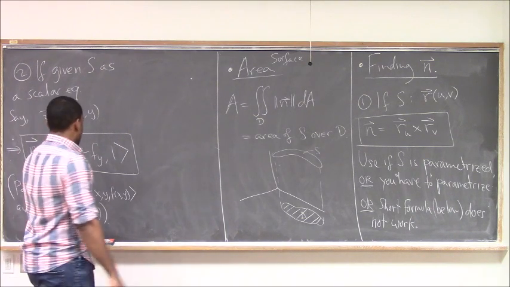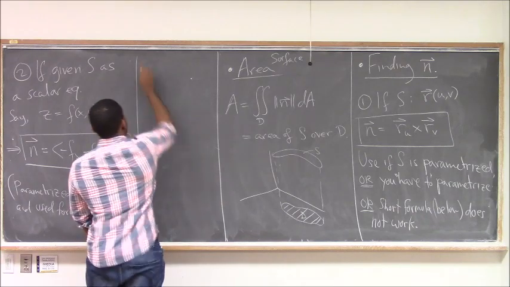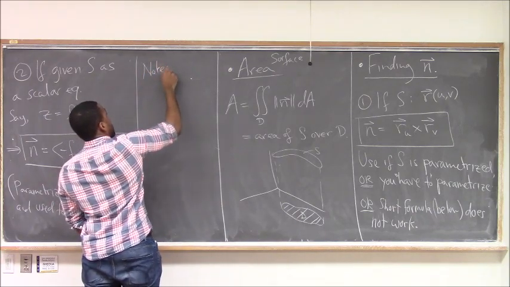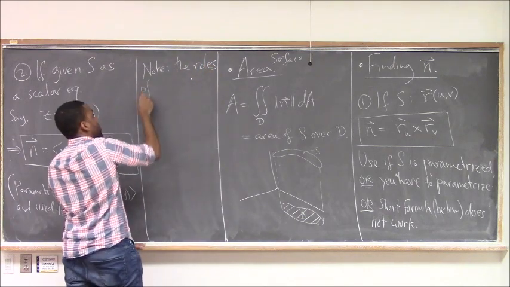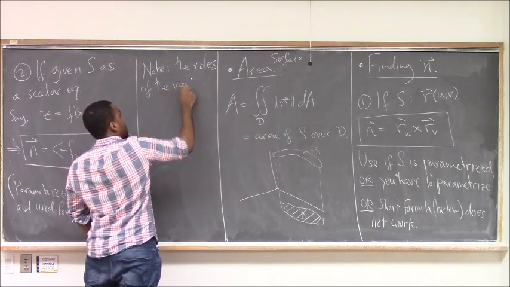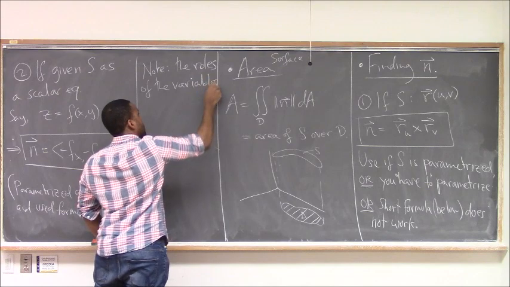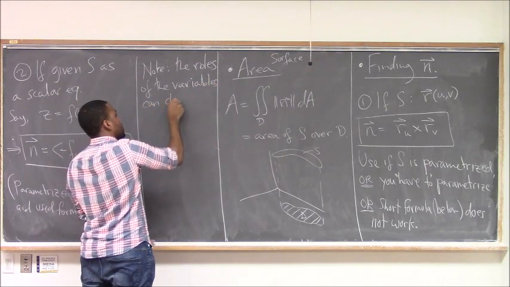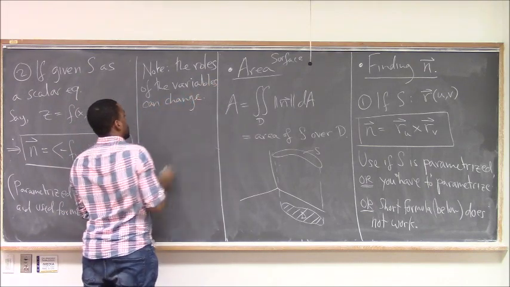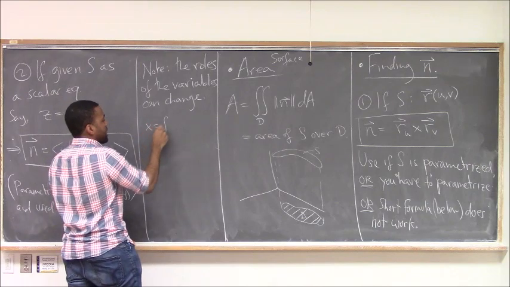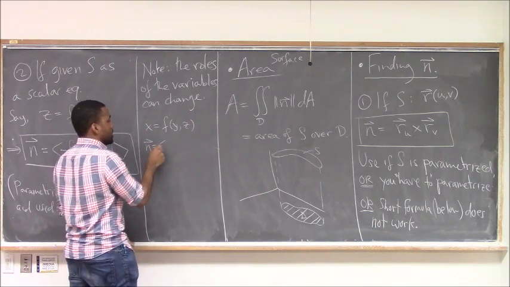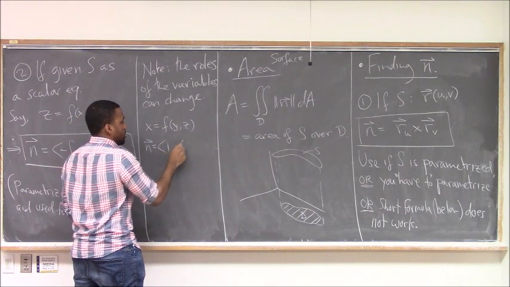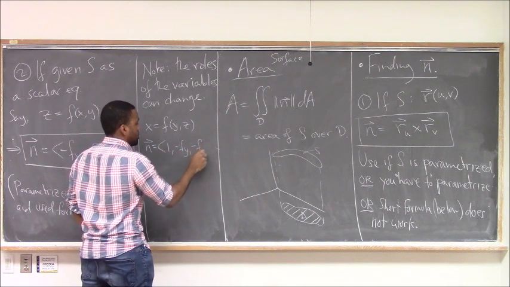Okay. And of course, note the roles of the variables can change. If you're given that x is a function of y and z, then you can use n to be 1, minus partial with respect to y, minus partial with respect to z.